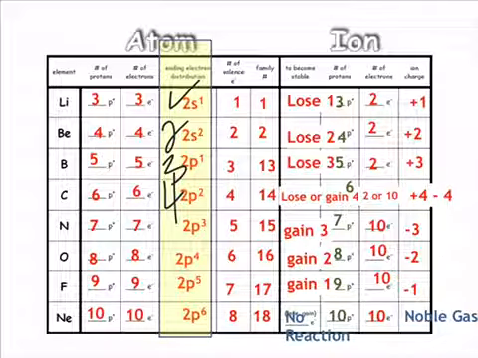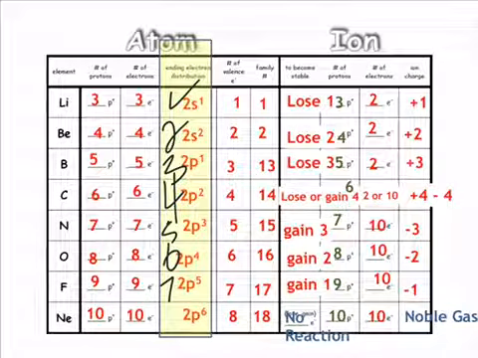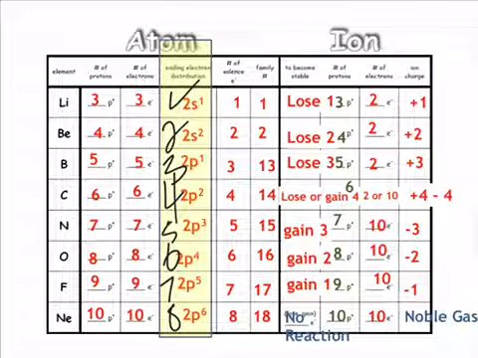Carbon has 4. Nitrogen, of course, with 5. Oxygen with 6. Fluorine with 7. And then neon, which has an octet, 8 valence electrons. And we know that because we're looking at what column that element is in.